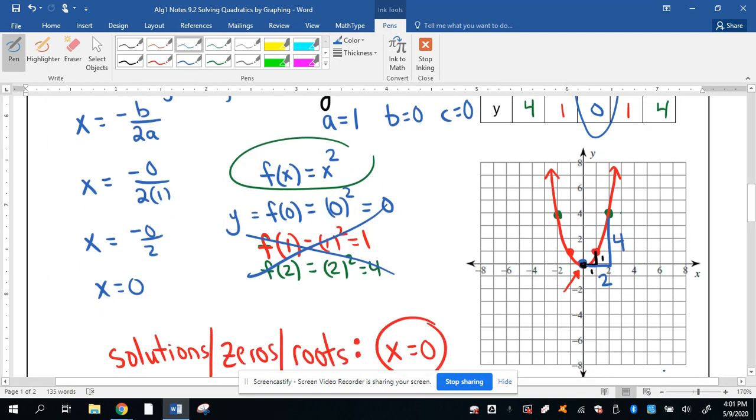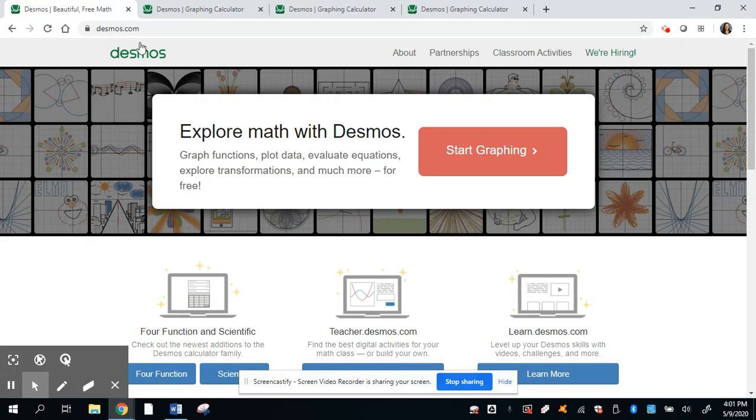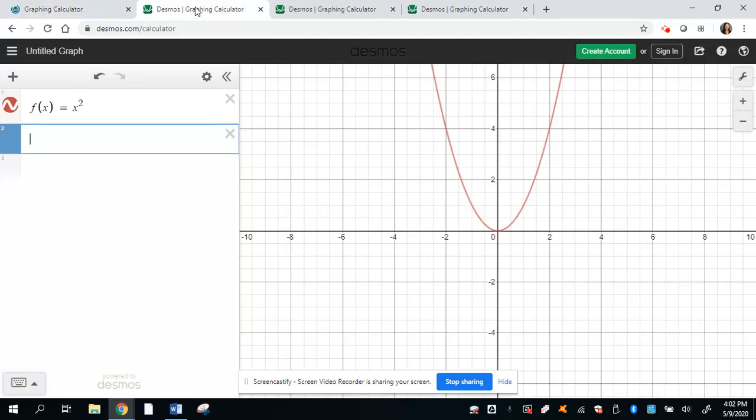Or you can plug in numbers, that's fine. Now, I want to just have some fun with you guys. If you go to desmos.com, you can just press start graphing and then just go ahead and put in an equation. So I just wrote down y equals x squared, and you can just put x and then caret 2, enter.